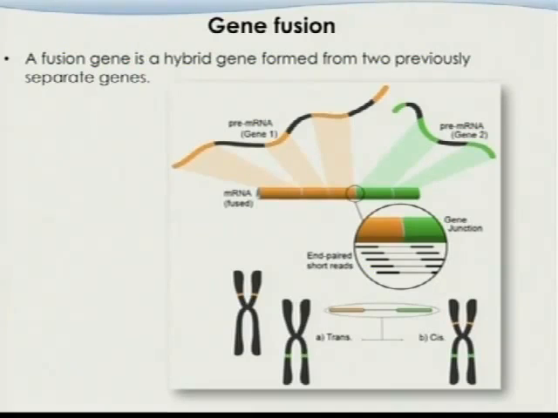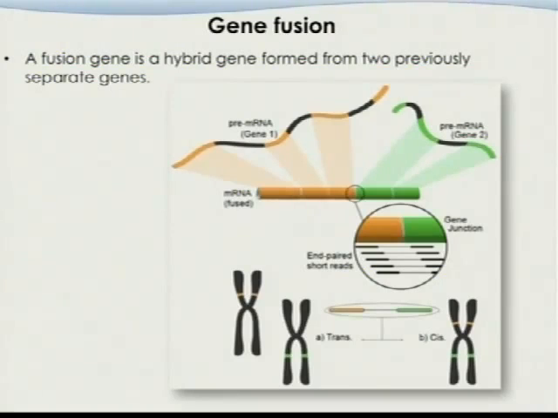So what is gene fusion? It's a fusion gene, a hybrid gene formed from two previously separate genes. You can see this is one chromosome, this is another chromosome, there's one gene here and the other gene here, right? In a normal individual, you will see this gene transcribed and this gene transcribed separately.